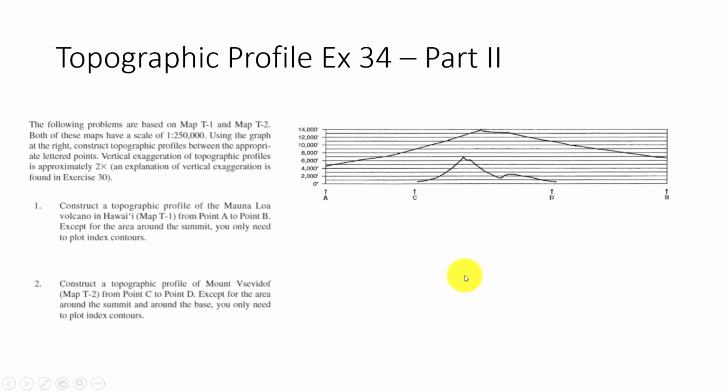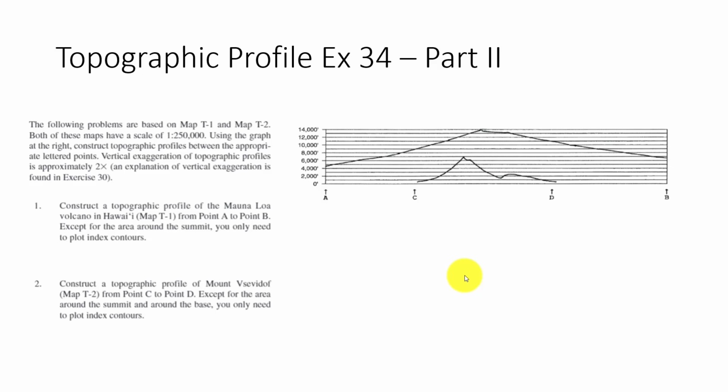You're also going to make a topographic profile, and this can be very complicated. It is a higher order skill set where you are trying to think in 3-dimensional terms using 2-dimensional products. So be patient with yourself and read the instructions carefully.